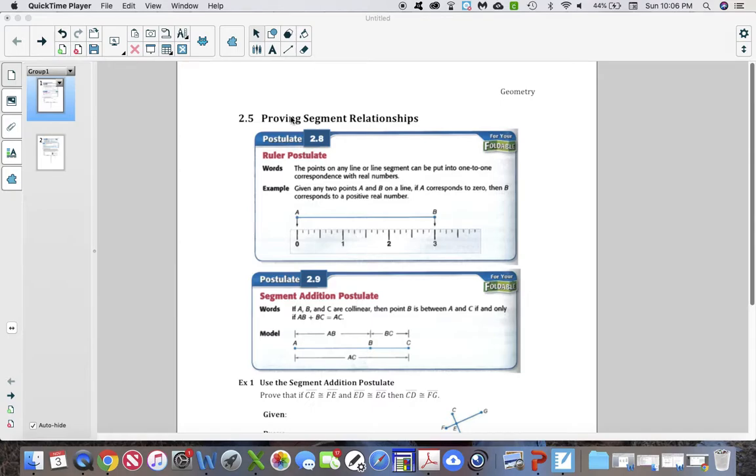I'm going to go over notes for section 2.5. You do not have these notes yet, so I don't know if you are in the library or in my classroom with a sub. I need a couple people in the group to go into my room and get the notes for section 2.5, and the homework handout for this section as well, and pass those out to everybody so that you can finish watching this video.